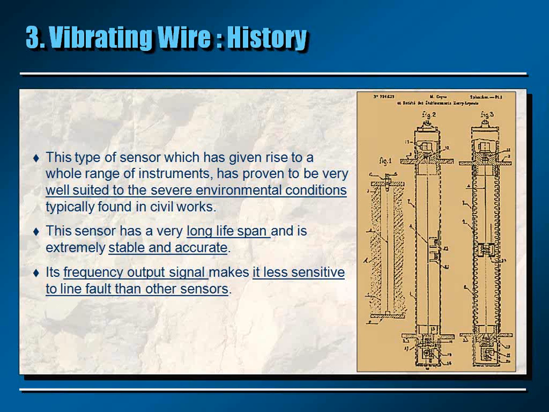So with the vibrating wire sensor, it's possible to use cables that will have up to 1 or 2 kilometers, and it will be possible to change the length of the cable over the years without affecting the value of the reading that you obtain from the sensor. So this is very important. This feature is really appreciated.